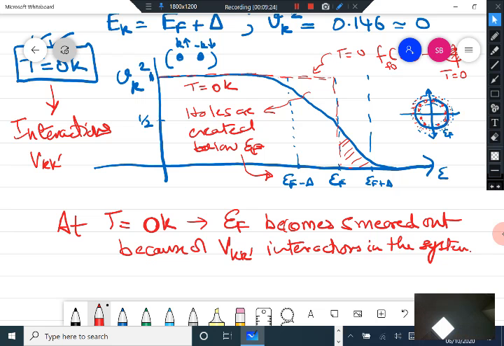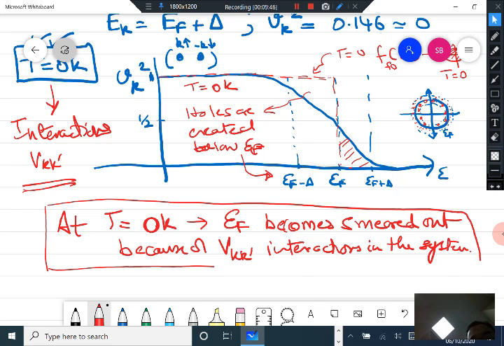Those were the states which are scattering in between, and the distribution is just reflecting that property of the system which has come about because of interactions. Whereas the Fermi-Dirac distribution was for non-interacting electrons, the moment you include the interaction, you see this change in the distribution. So this is a very important property of the system.